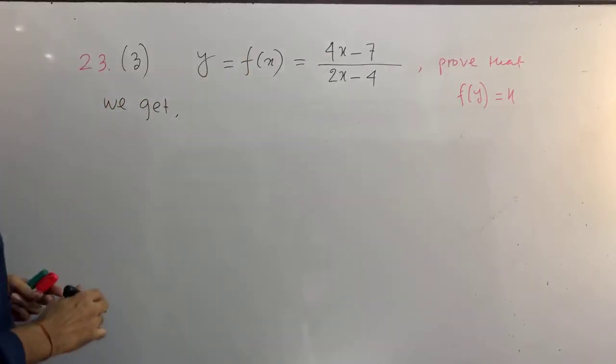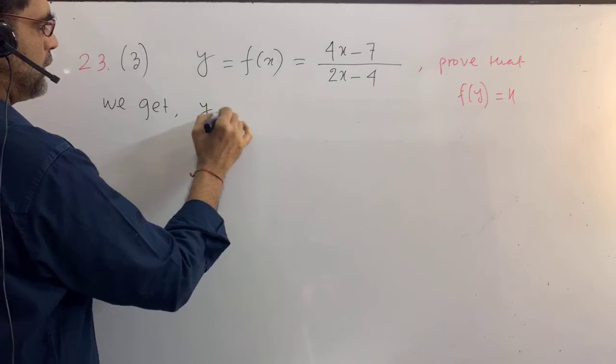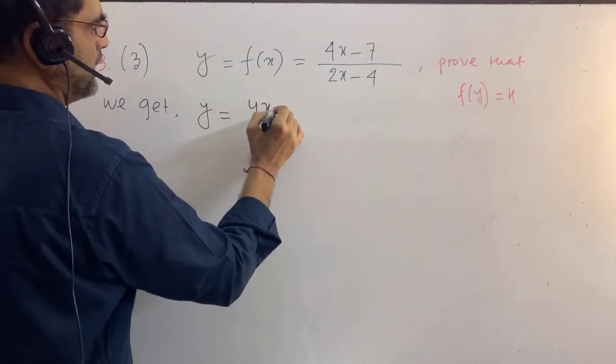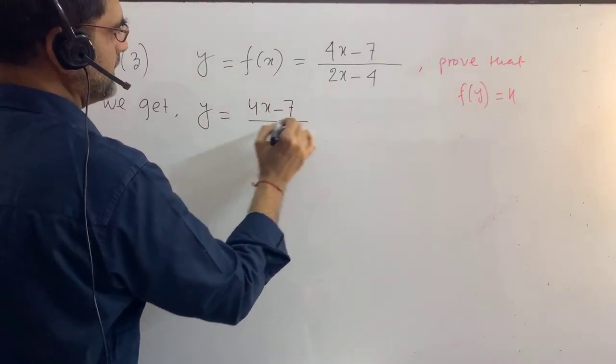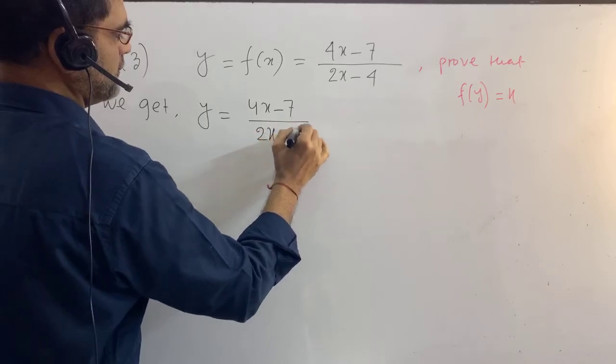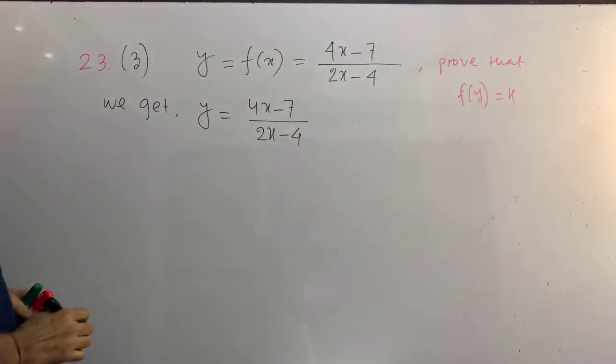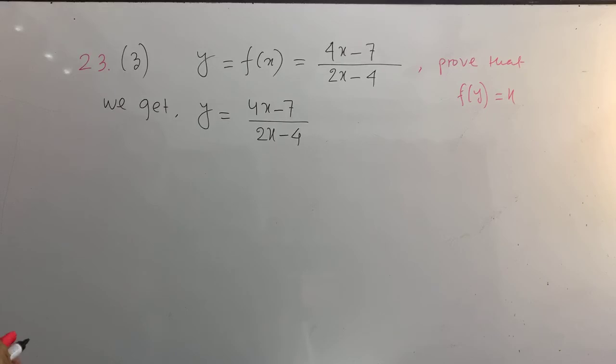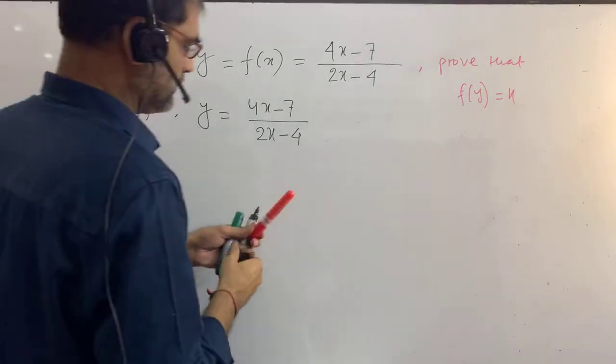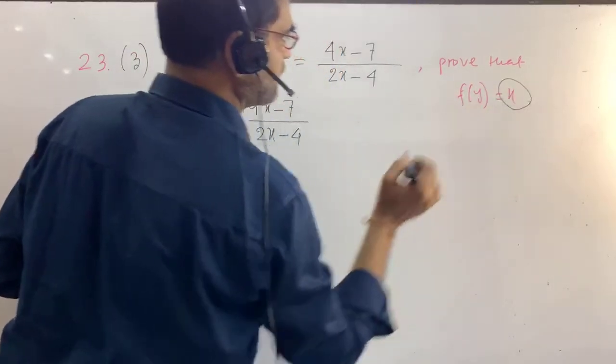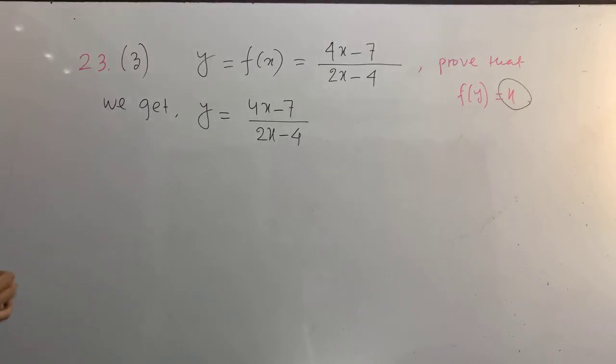From this equation we get y equal to (4x minus 7) by (2x minus 4). We get it, right? What I told you, we have to find x. This x is to be found at first. Very good, very easy and simple.